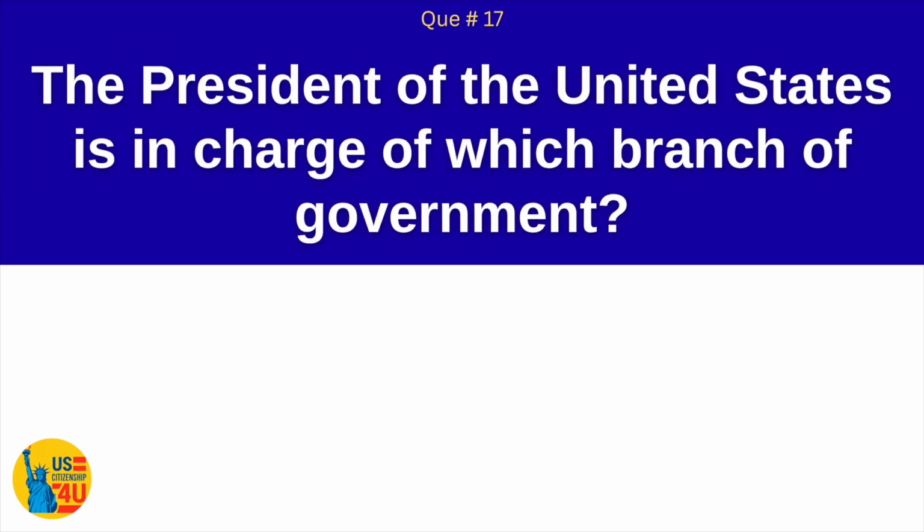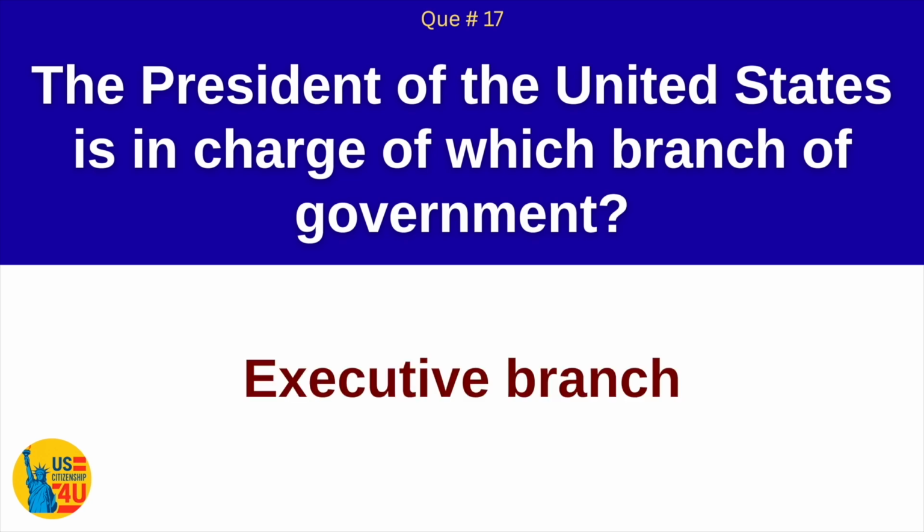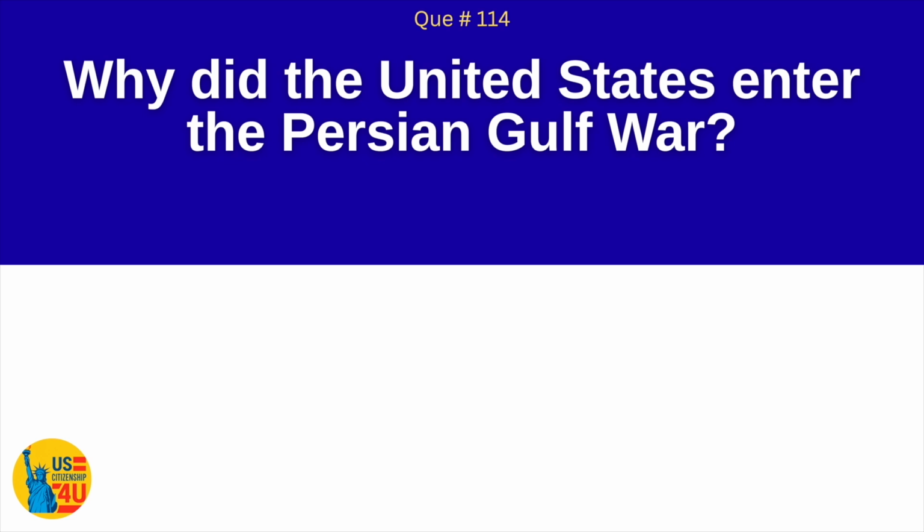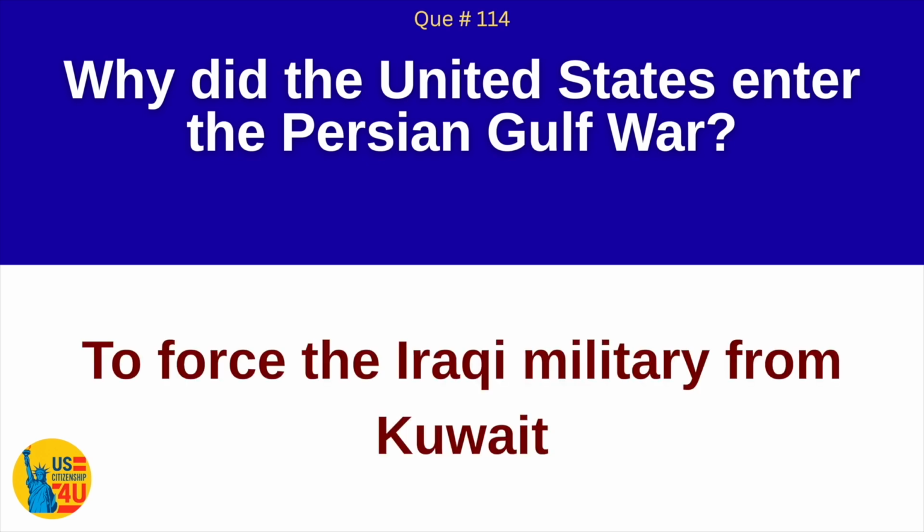The President of the United States is in charge of which branch of government? Executive branch. Why did the United States enter the Persian Gulf War? To force the Iraqi military from Kuwait.